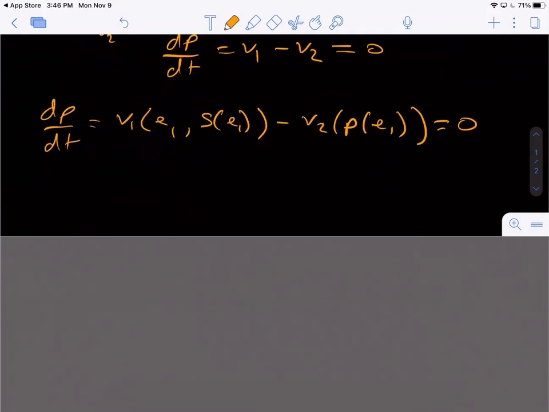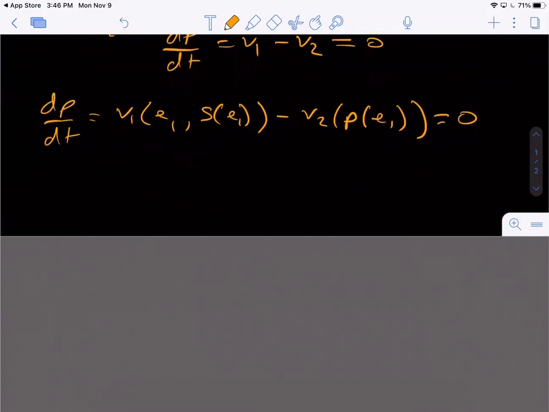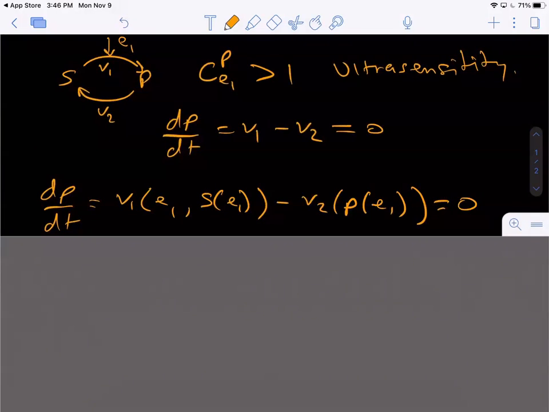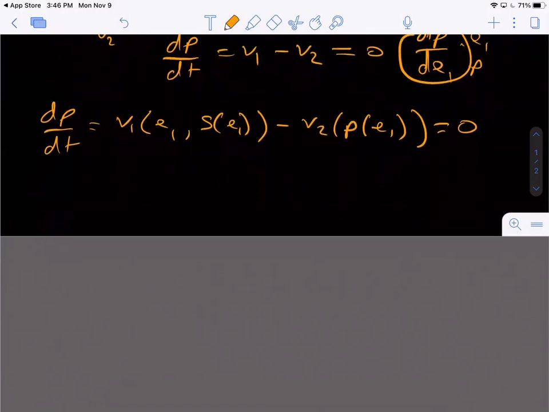What I'm after is dP by dE1 times E1 over P, the scaled version. The first thing I'm going to try to do is get hold of dP by dE1, and I can get hold of that by implicit differentiation of this equation here.